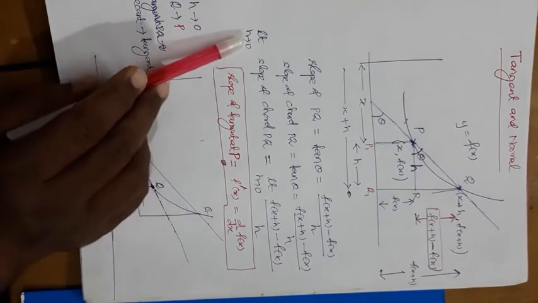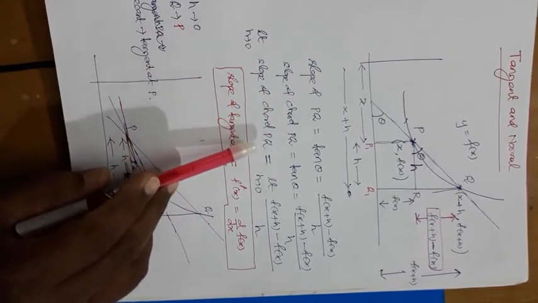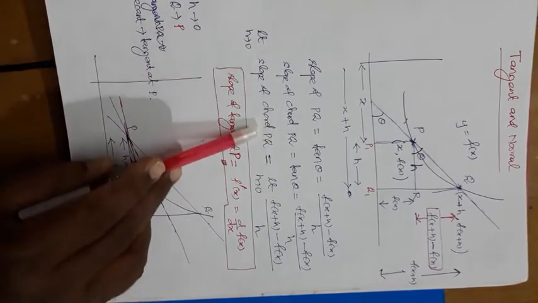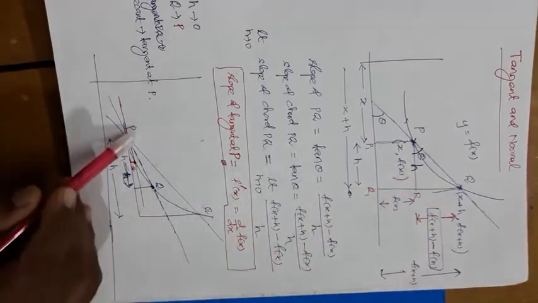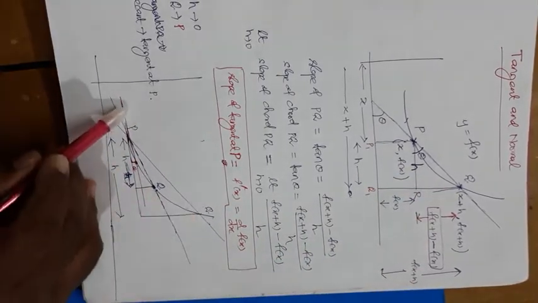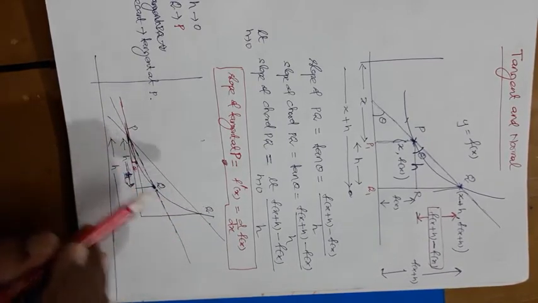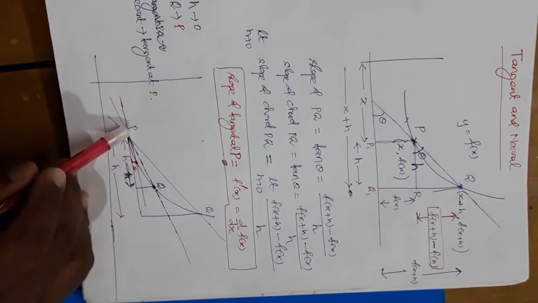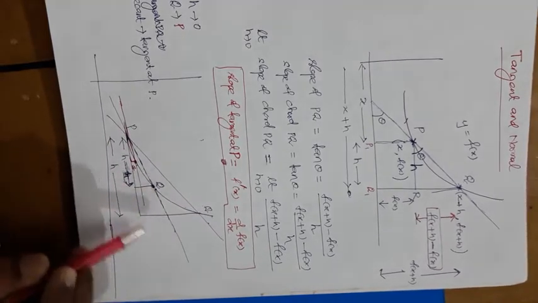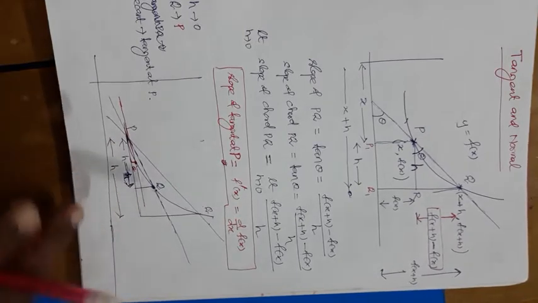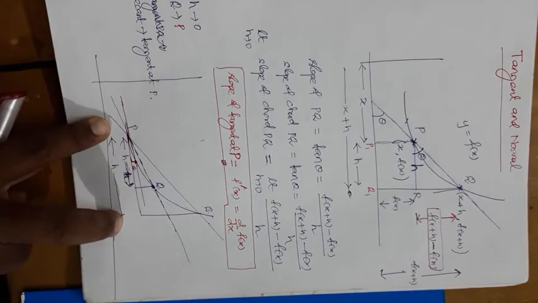Now, when h tends to 0, what happens to chord PQ? Look here. Suppose this is a curve. I am taking P here, and Q here, and this is the length h. Now suppose the point comes closer to this point, which means this h becomes smaller than the bigger h.